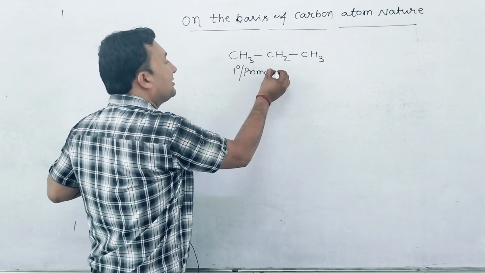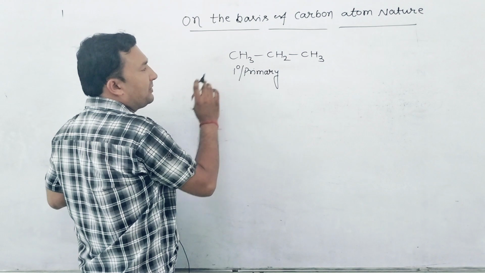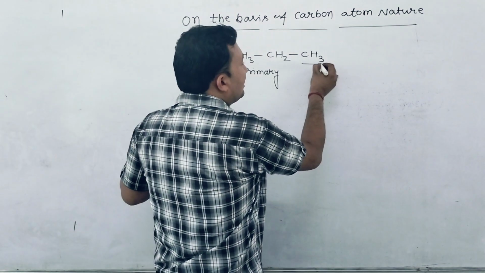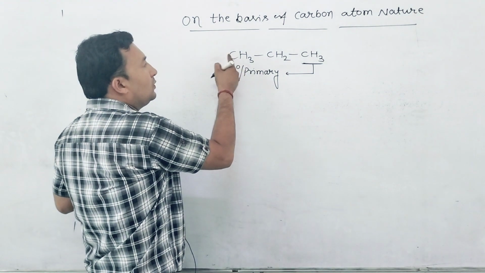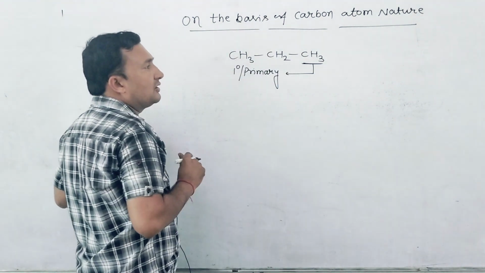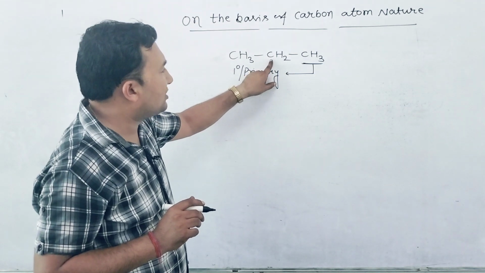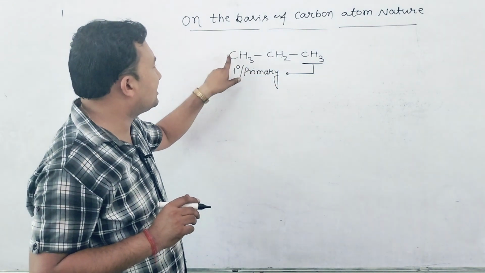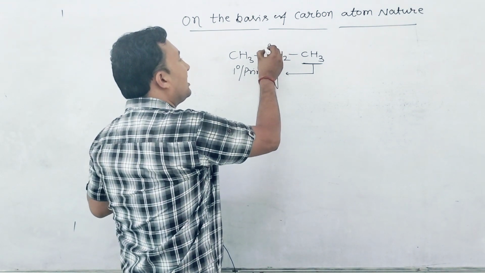Whenever a carbon atom is attached to another one carbon, we call it 1 degree or primary carbon. This one is also a primary carbon. So we are having 2 primary carbons. And this one in the middle is attached with this carbon and this carbon, so it will be 2 degree or secondary carbon.